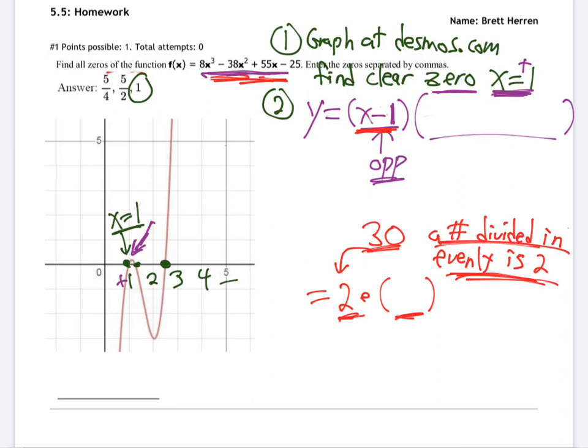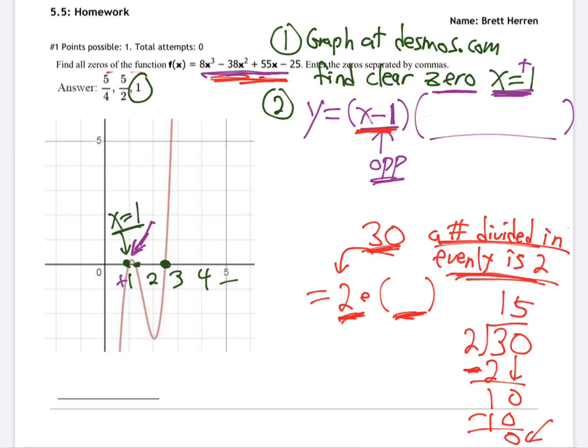You would have to long divide. 2 goes into 30: 1 times 2 is 2, subtract, bring down the 0, 2 goes into 10 5 times, 2 times 5 is 10, goes in evenly, 0 remainder. You go, oh, 15, 2 times 15. That's how you would find it: you would divide.